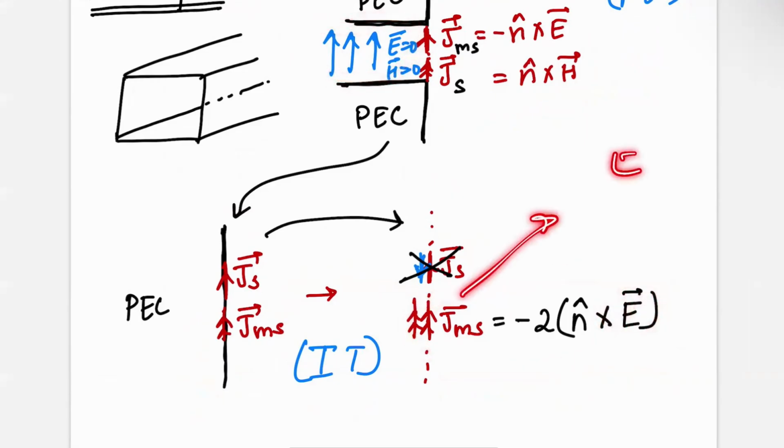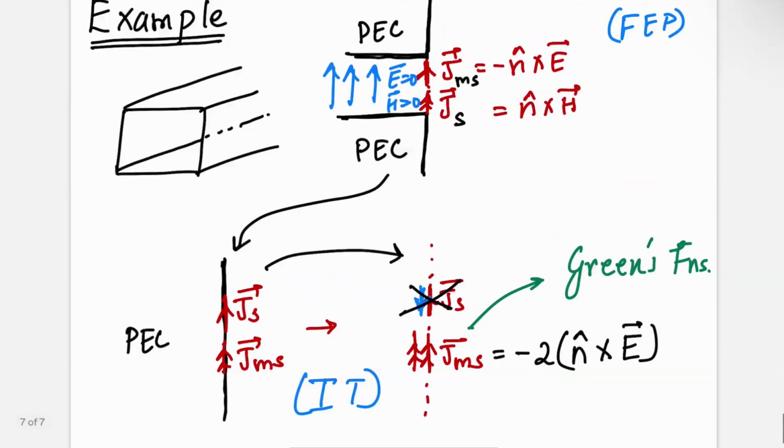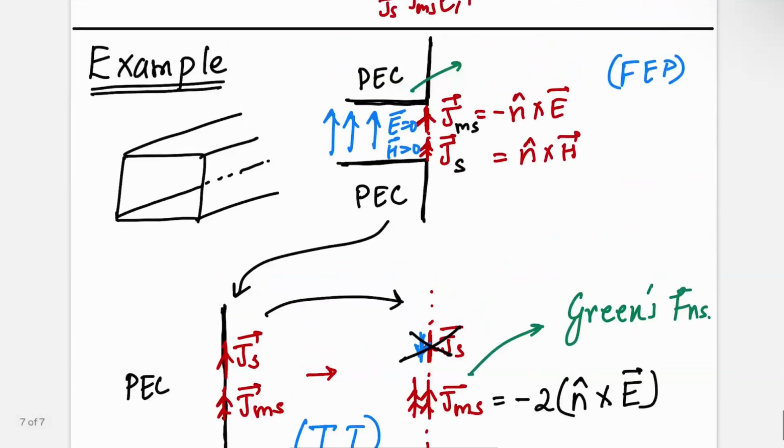From JMS, I can find the electromagnetic fields that are radiated from this problem, right? So we'll see, in fact, that this will be solved using Green's functions. We'll see what that is probably in the next lecture or the one after that. And this we'll do much later in the class, which is waveguide problems. We'll look at that.